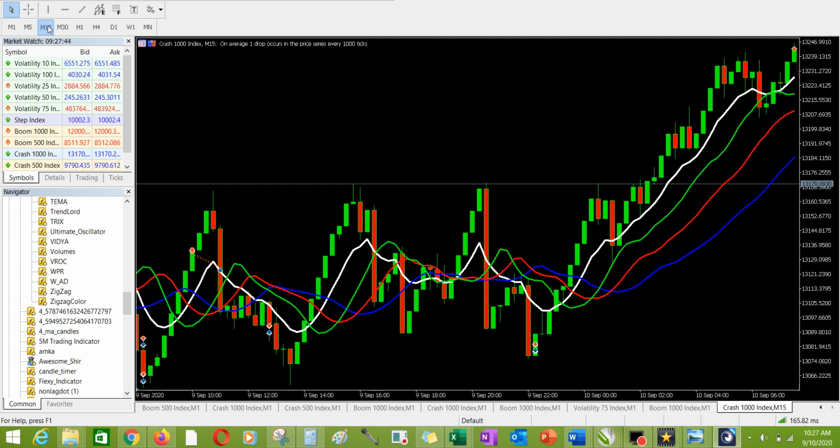If M1 and M5 are on an uptrend, and probably H4 and H1 are on a downtrend, 15 minutes will still be in the middle, trying to take the proper decision, trying to decide on the direction to go.